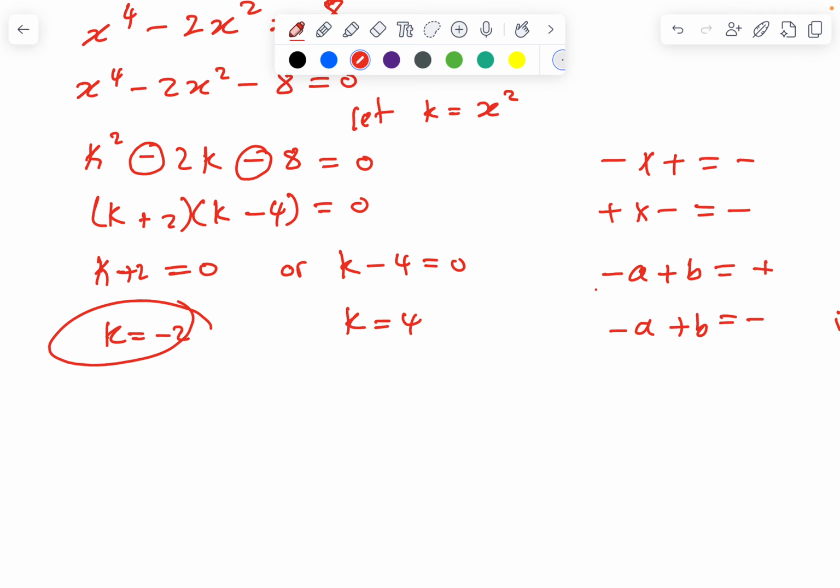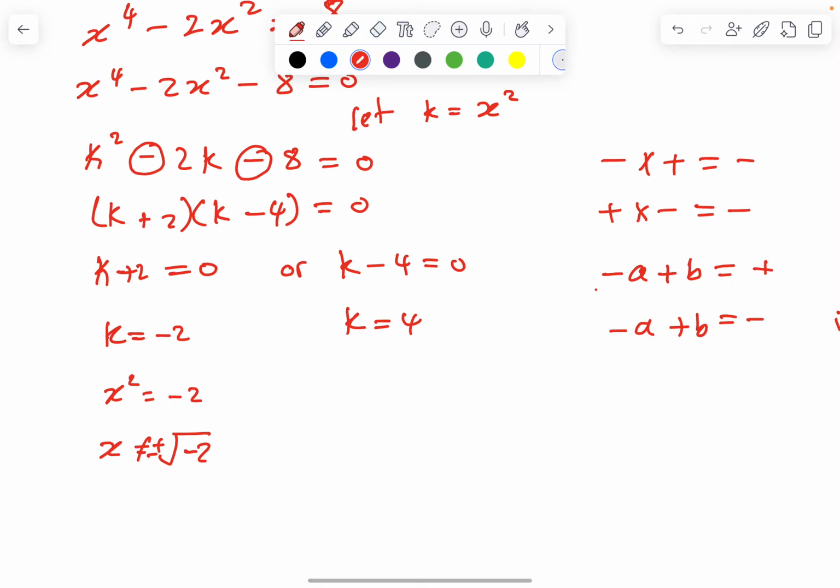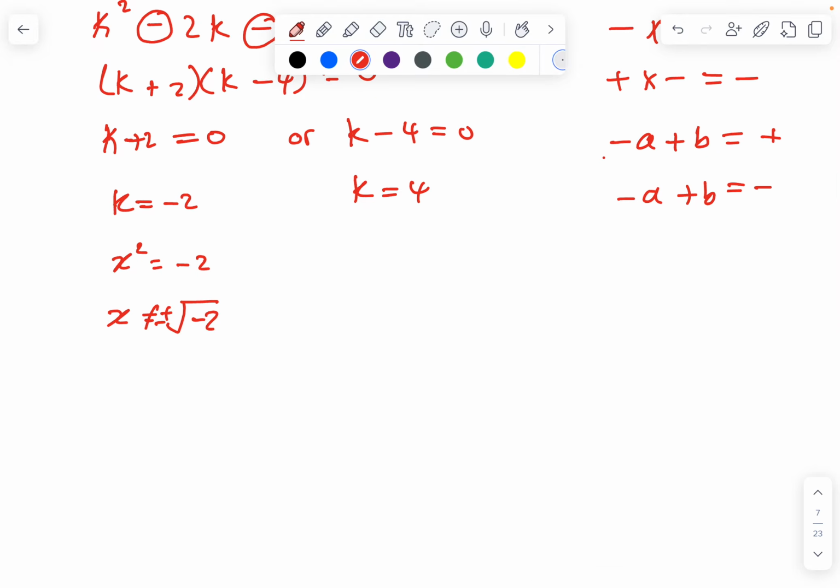You'll see that this part is not true. Why? Because if you say x squared equals negative 2, x is plus or minus the square root of negative 2, and we cannot take a square root of a negative number. So this solution, you can actually just forfeit. You can just ignore it. Dismissed.